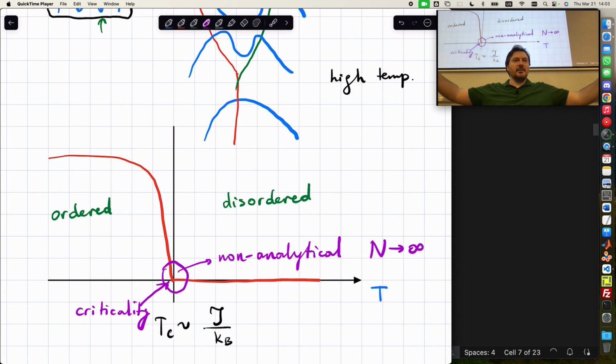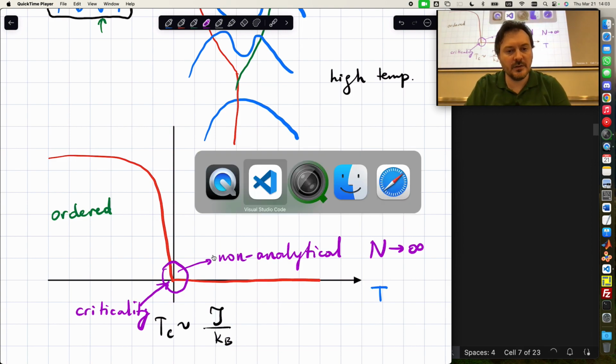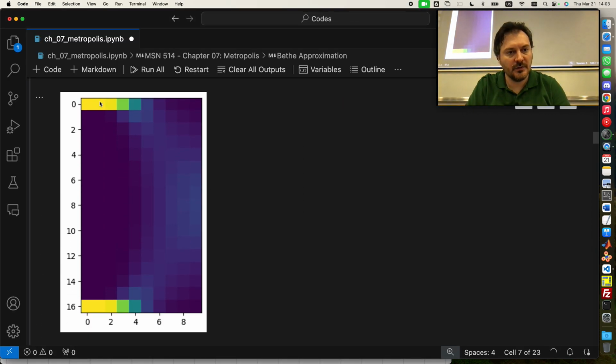As you increase the number of spins, what we see here is rather smooth, right? Do you see? We have something like smooth here. But as you increase the number of spins, it will become a very sharp transition.